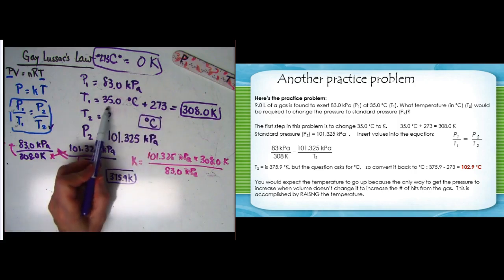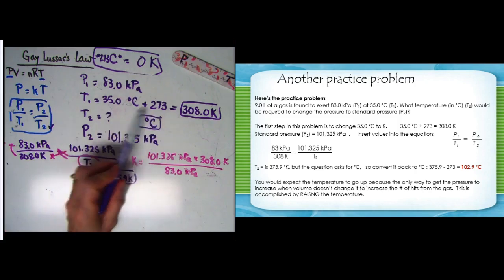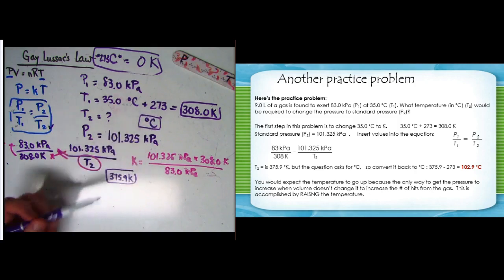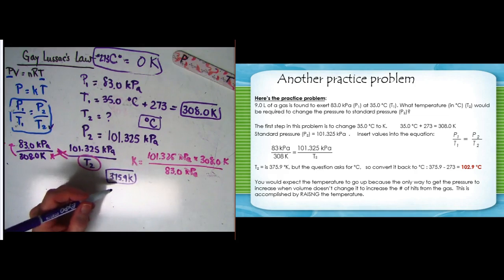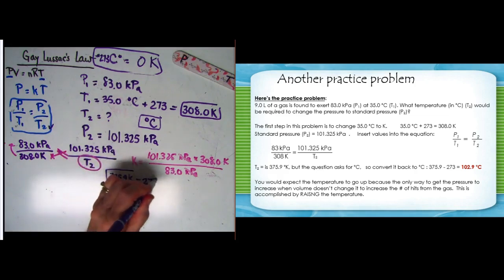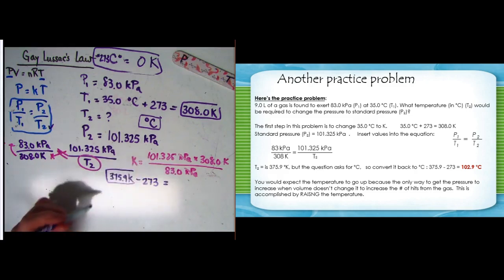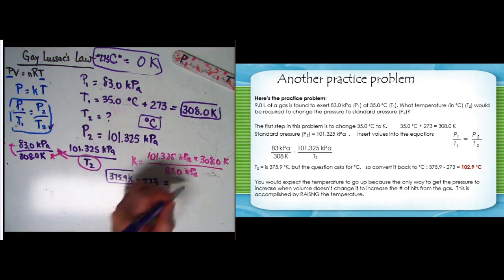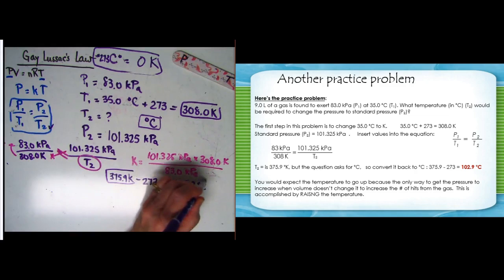So if we go from Celsius to Kelvin by adding 273, how are we going to go from Kelvin back to Celsius? We're going to subtract it. And when we subtract 273 from 375.9, we get 102.9 degrees Celsius, which is your answer for this problem.